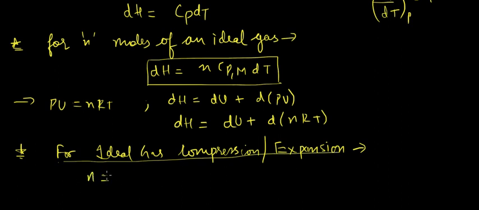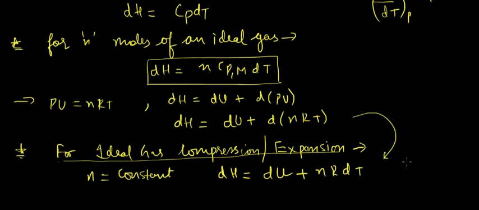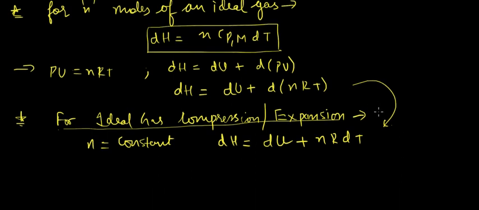We will have, let's suppose, n as constant, then we can write dH equals dU plus nR dT, just opening up that differential form of d of nRT. So from here we can write delta H equals delta U plus nR delta T.